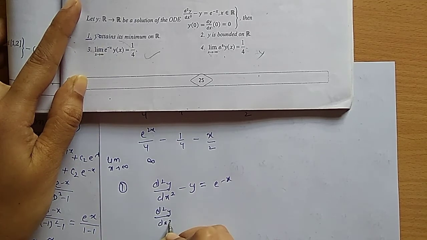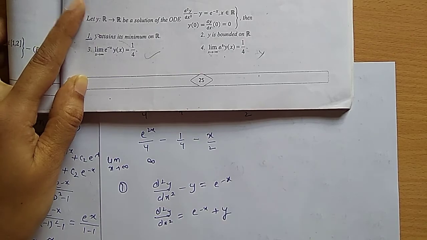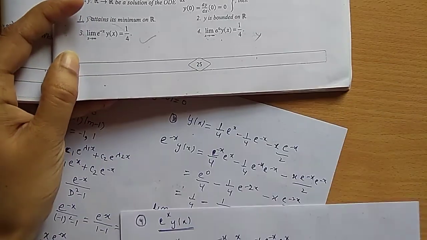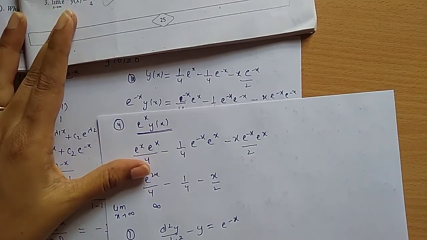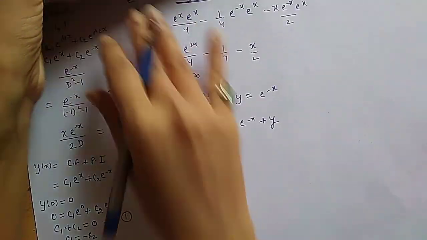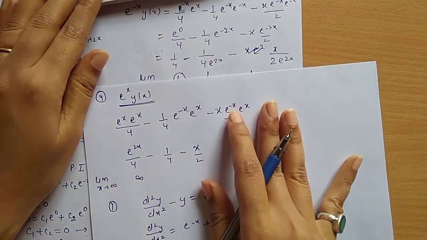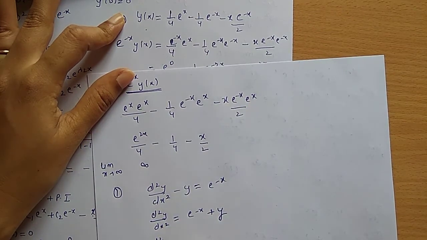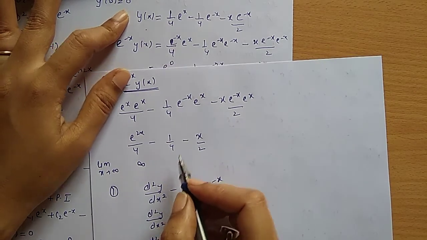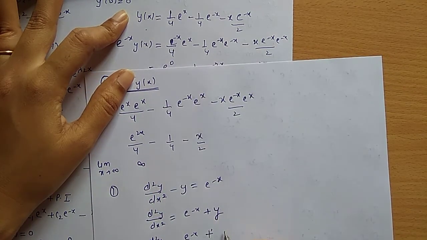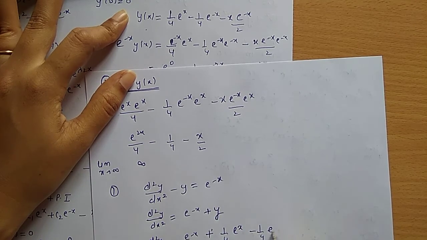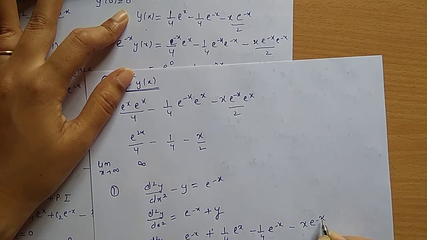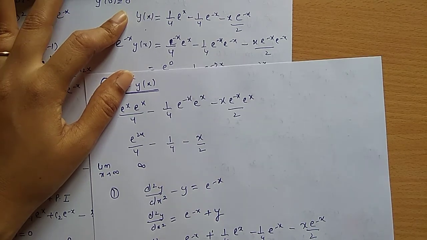So d square y by dx square equals e to the power minus x plus y, and the value of y is 1 by 4 e to the power x, 1 by 4 e to the power minus x, and here e to the power minus x upon 2. This gives the double derivative.